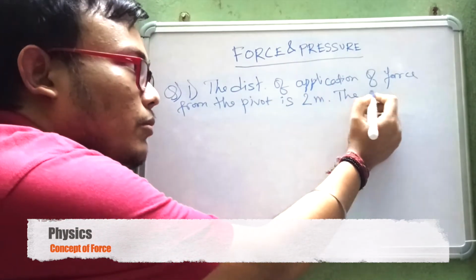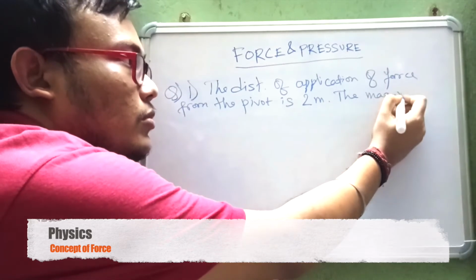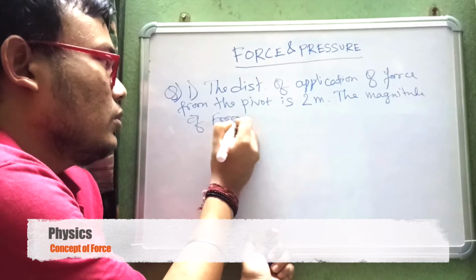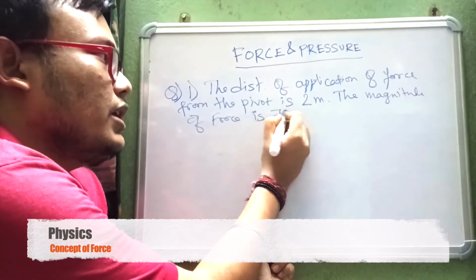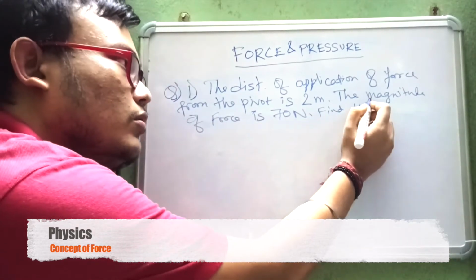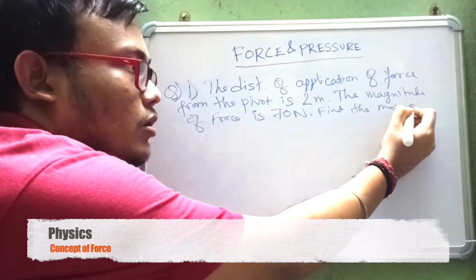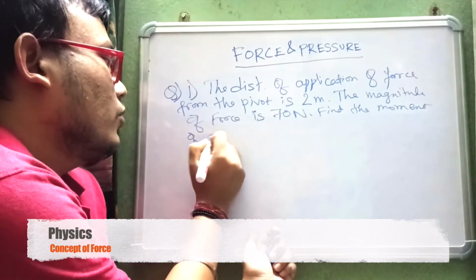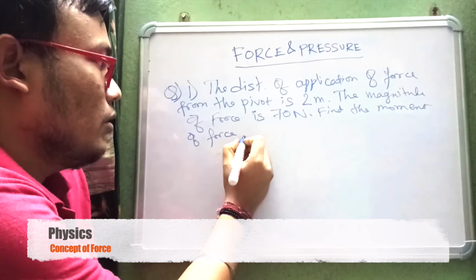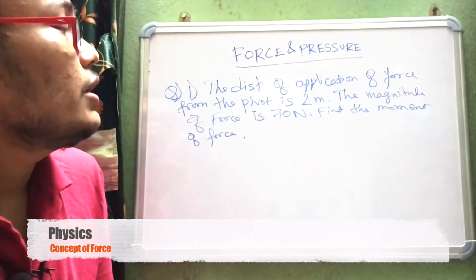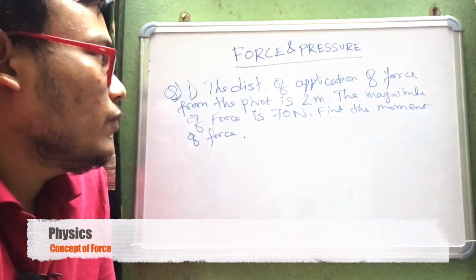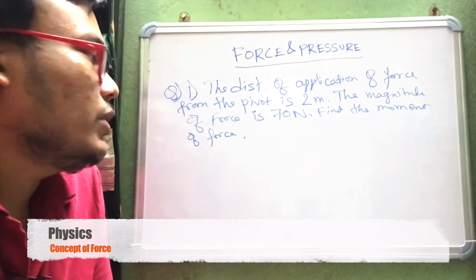The magnitude of force is 70 newtons. Find the moment of force. Okay, I'll read it again. The distance of application of force from the pivot is 2 meters. The magnitude of force is 70 newtons. Find the moment of force.